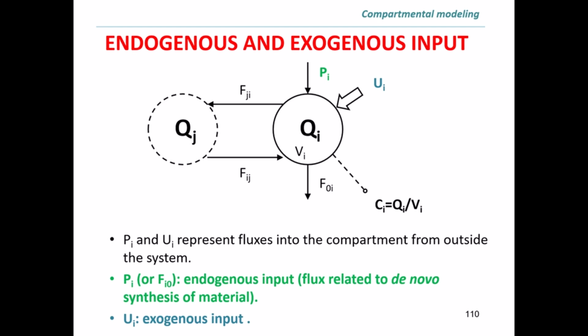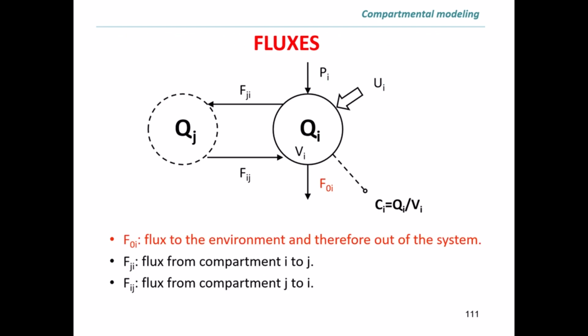PI represents an endogenous input. It means a flux related to de novo synthesis of material. Instead, UI represents an exogenous input. As I previously described, fluxes are represented with a specific convention in the notation.